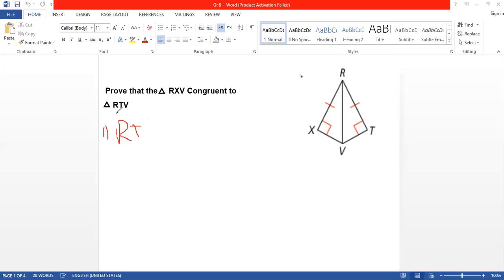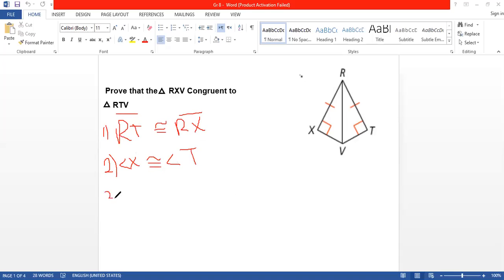Condition number two, we have angle X is congruent to angle T.